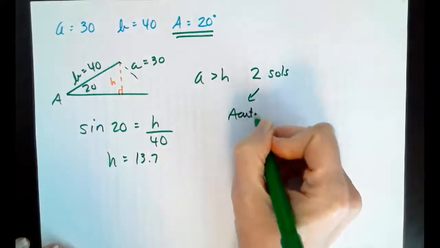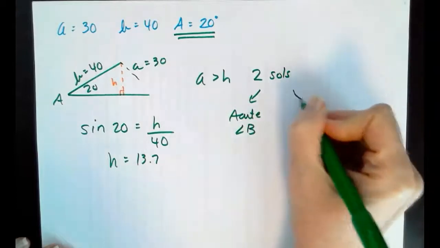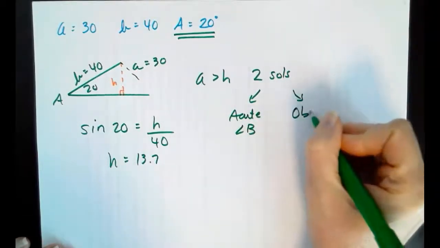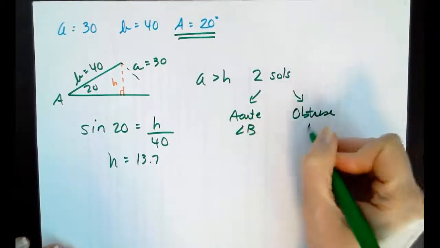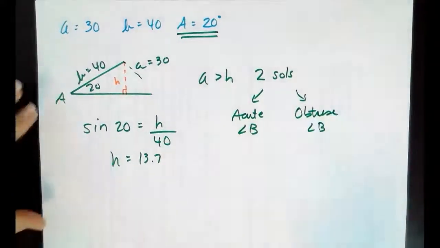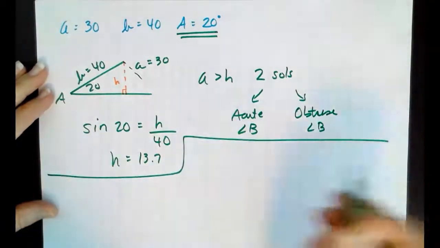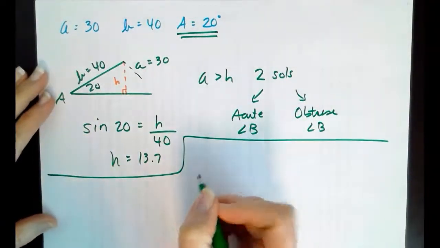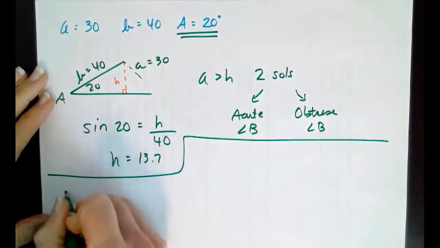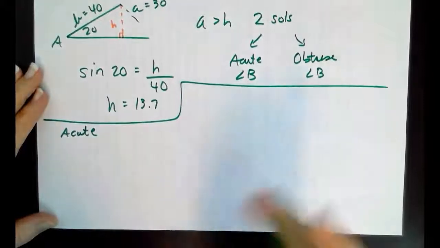One will be where angle B is an acute angle, and the other solution will have angle B be an obtuse angle. So let's redraw this, and we're going to find that out. First, let's have our acute possibility right here.